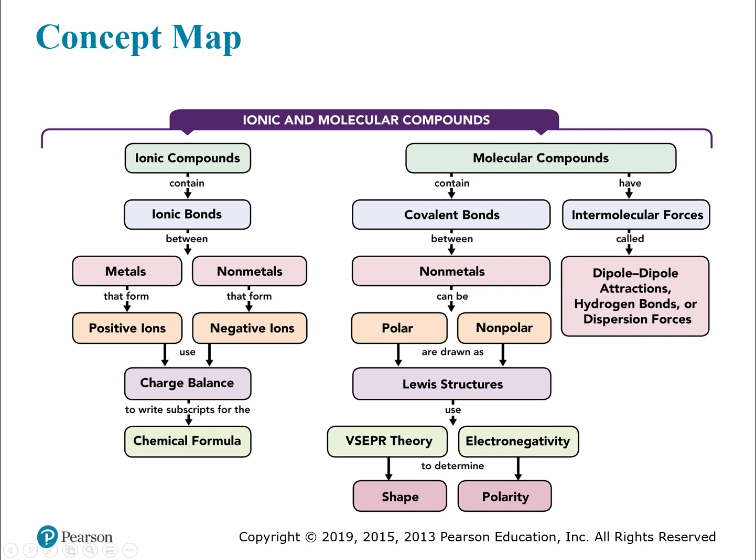With the molecular compounds, we talked more about those in part 2 of the Chapter 6 lecture, where we talked about the Lewis structures, the shape, electronegativity, the different types of bonds, so polarity of bonds, polarity of molecules, and then how those molecules interact with each other, also known as intermolecular forces. So this flowchart may help you put all the things together that we talked about and see how they're related to one another.